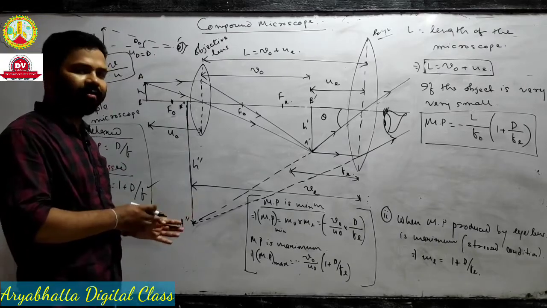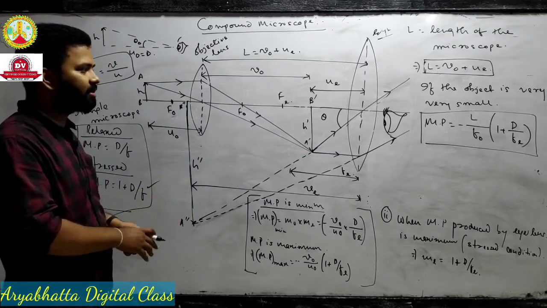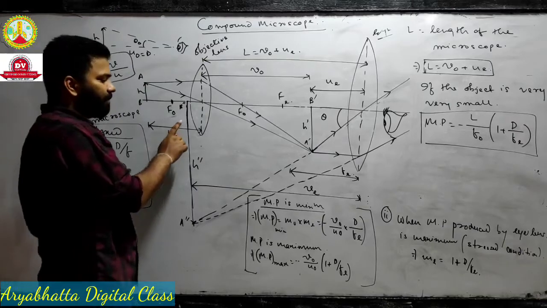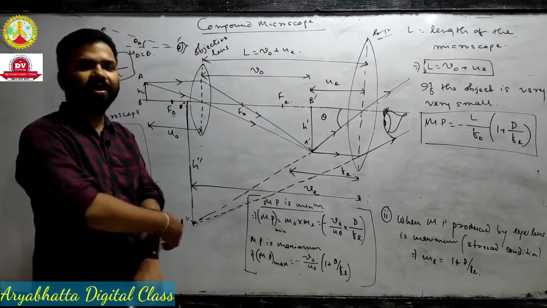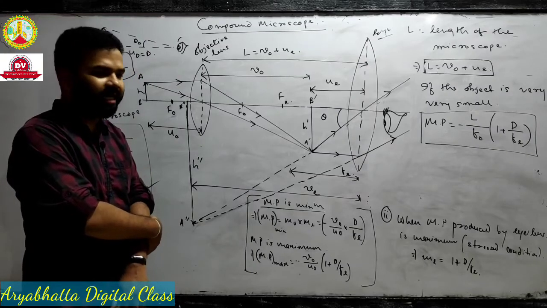I will draw that diagram also after this, but here the image is formed at a distance of PE, and you can say PE is equal to D.